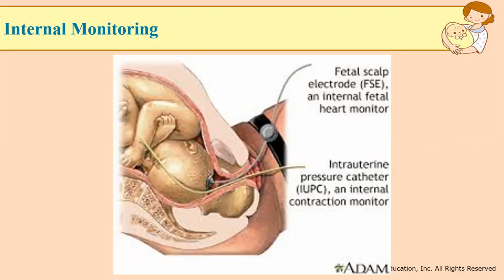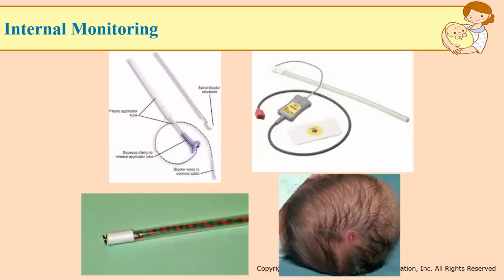Again, remember when the membranes are ruptured, we want to limit vaginal examinations as much as possible because there is now an opportunity for infection to arise. This is the fetal scalp electrode, internal.